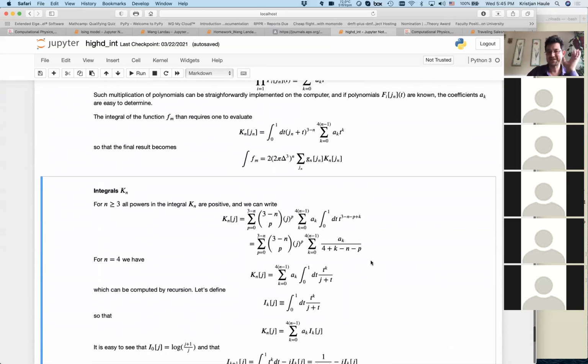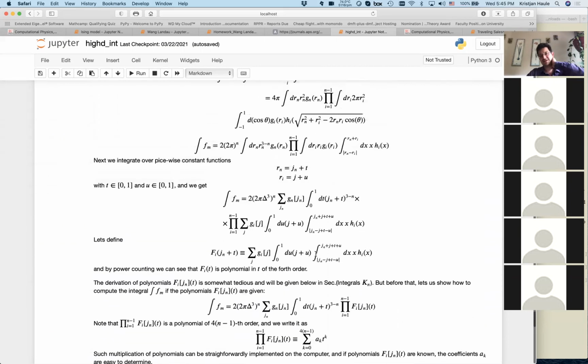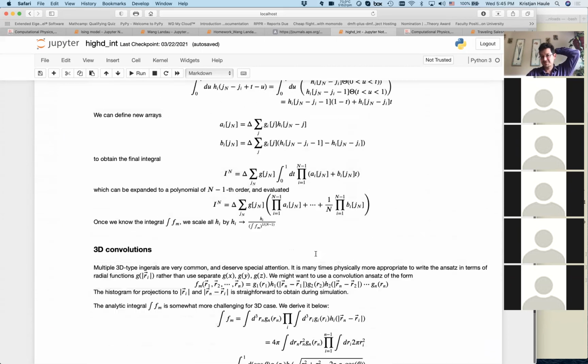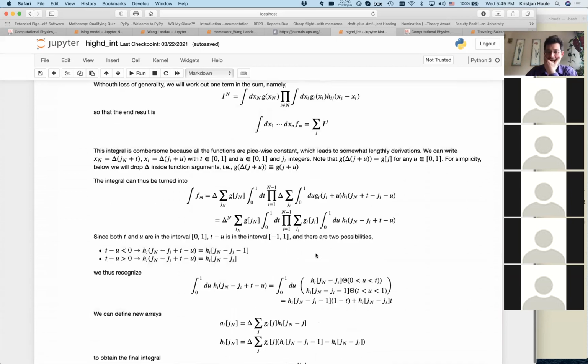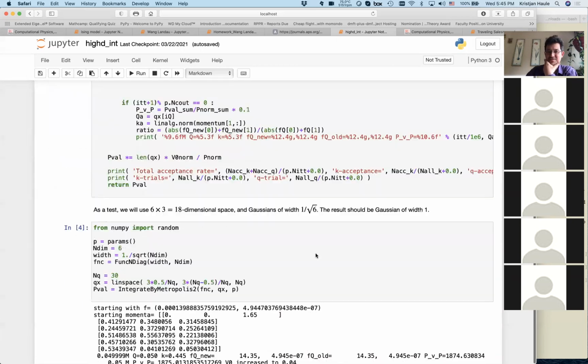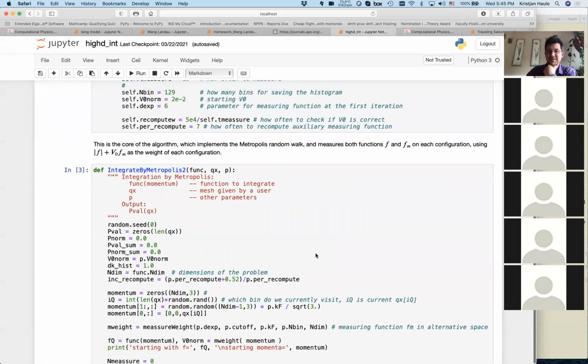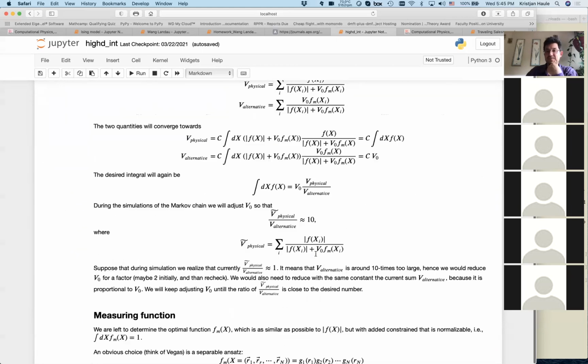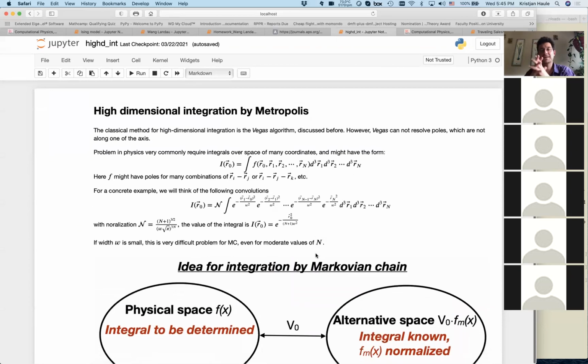But the point is that there is some little math which you need to do in order to get these convolutions to have the integral analytically given. So I will not spend more time on this high-dimensional integration in Metropolis. My goal here was to just give you some hint of how this is done.